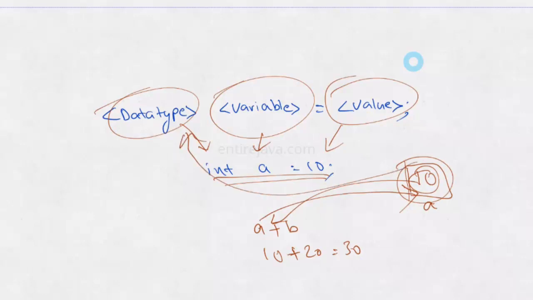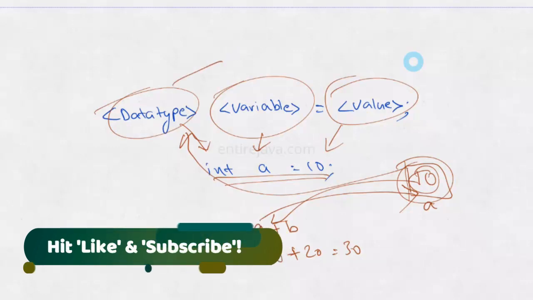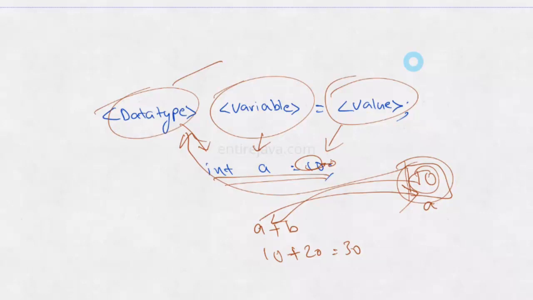In case of integer, it's going to allocate 4 bytes of memory. In case of double, it's going to take 8 bytes of memory. Our next lesson is dedicated to understanding how much memory each data type takes and their ranges. For example, you can't just give 10 zillion number here. There's a certain range within which the number has to be.